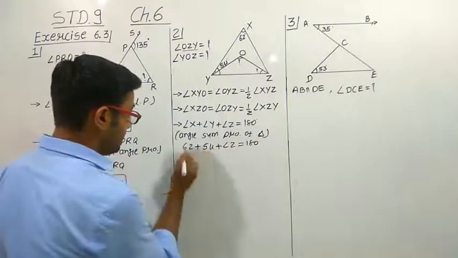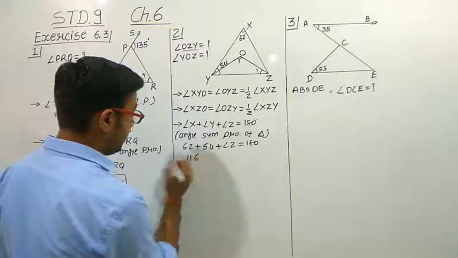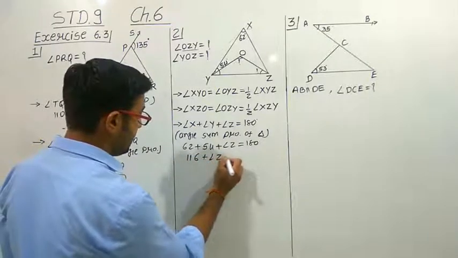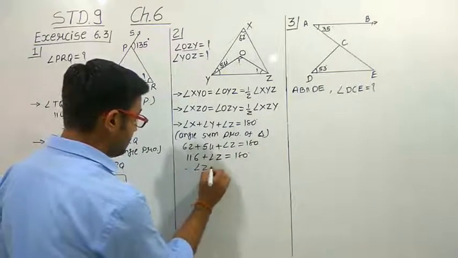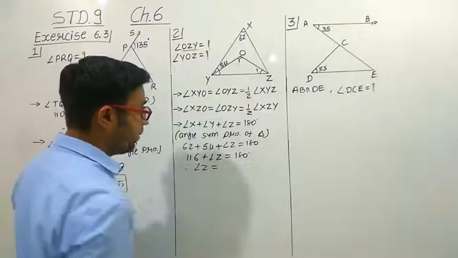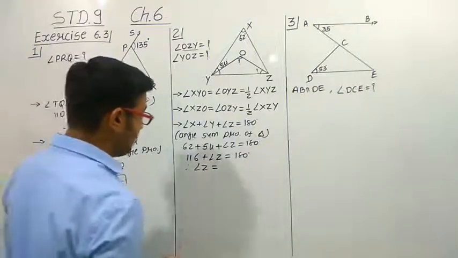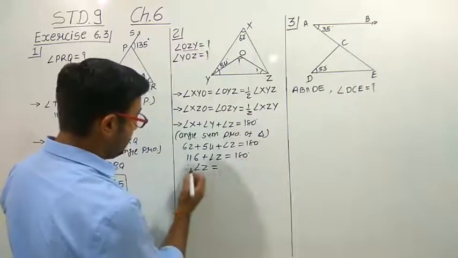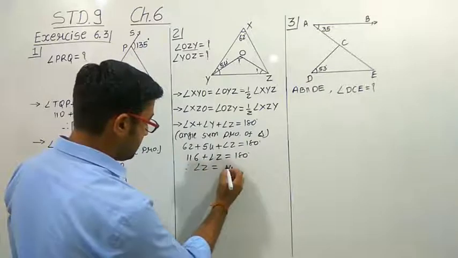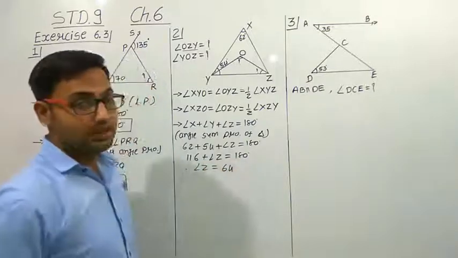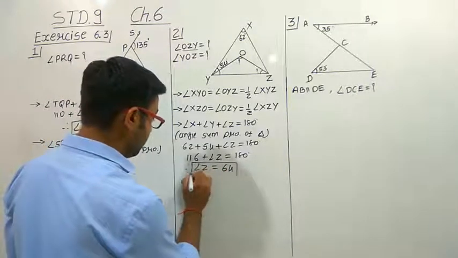Now the total of these is 4 plus 2, 6, 6 plus 5, that is 11, 116, plus angle Z is equal to 180 degrees. So we get angle Z is equal to 180 minus 116, that means 64. We get the value 64, right?